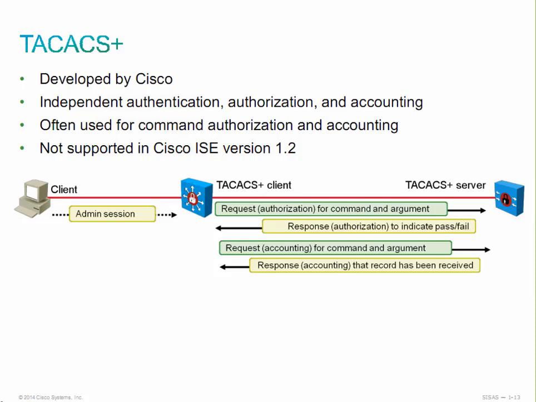All the other information in RADIUS, like username, authorization, accounting, is going to be transmitted in clear text. So it is definitely vulnerable to different types of attacks, whereas TACACS, on the other hand, encrypts all the information: username, authorization, accounting, and password, and so on.